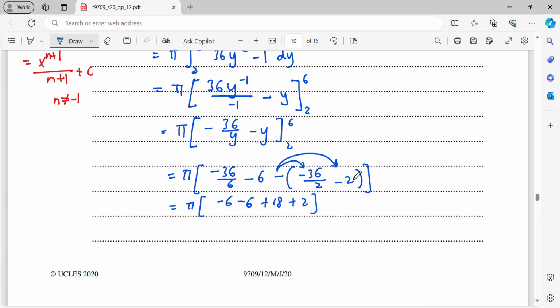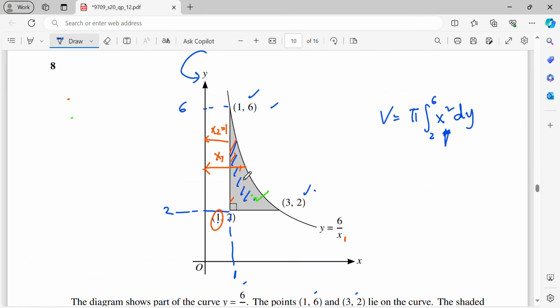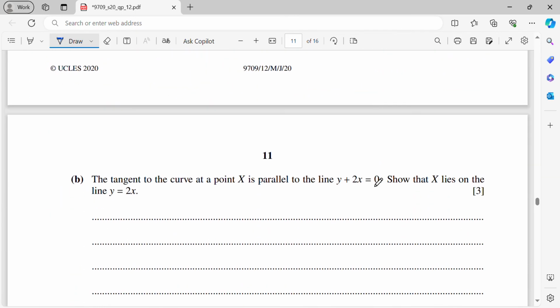That means now, this is 20, here is 12. So 20 minus 12, that is 8. So your answer is 8 pi. Be careful with this because it is hollow, so you have the minus, x equals to 1. Okay, done for this part.